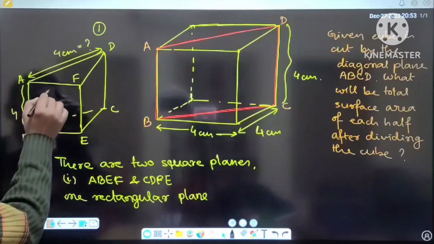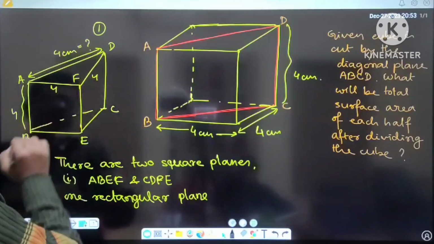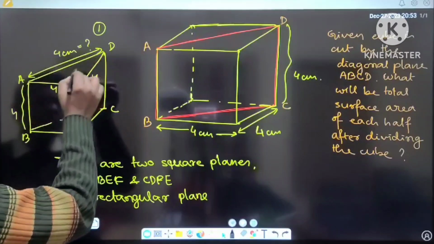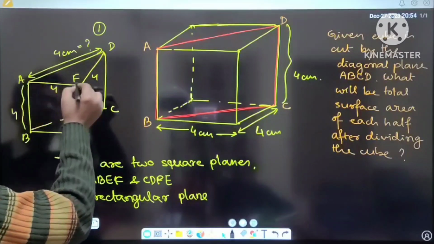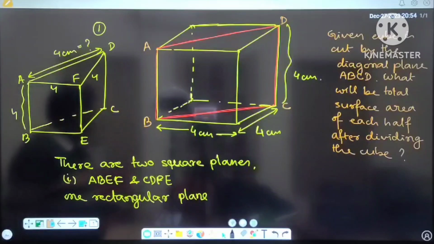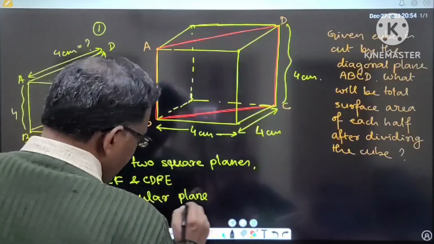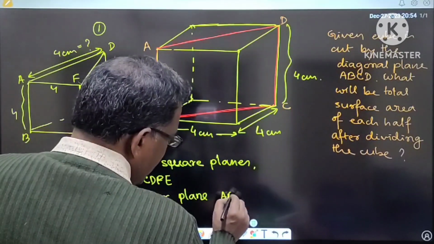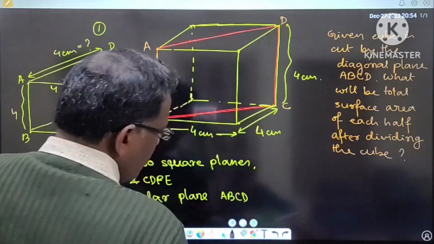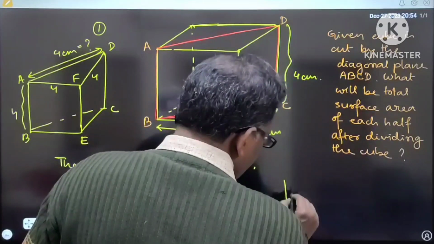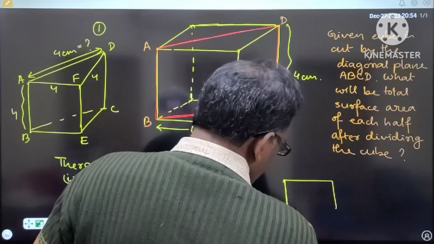No. Because this side is 4, this side is 4, how can this also be 4? Because ADF is a triangular geometry, a right angled triangle, yes or no? So the rectangular plane ABCD can be drawn like this.